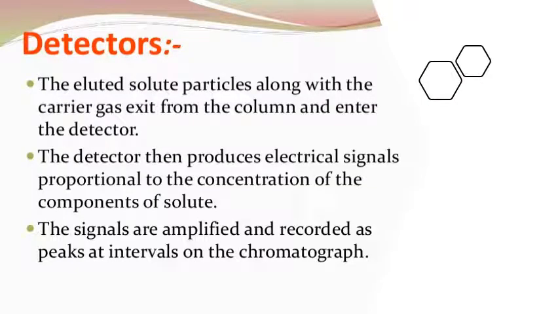Now we talk about the detectors used in the gas chromatograph. The eluted solute particles along with the carrier gas exit from the column and enter the detector. The detector's role is to produce electrical signals proportional to the concentration of the components of the solute.